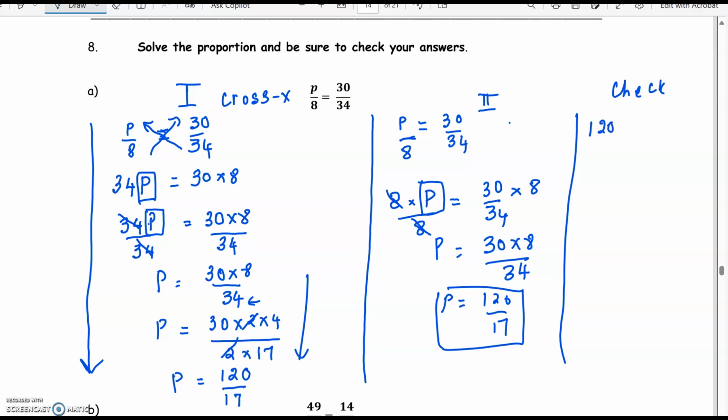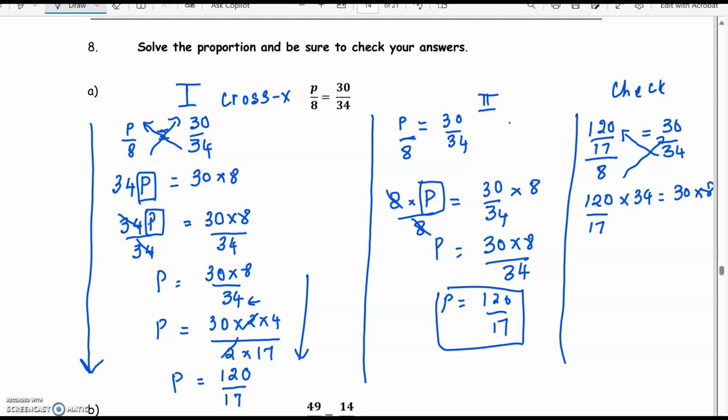P is 120 over 17 divided by 8, and that's equal to 30 over 34. So let's cross multiply. So 120 over 17 times 34 has to equal 30 times 8.